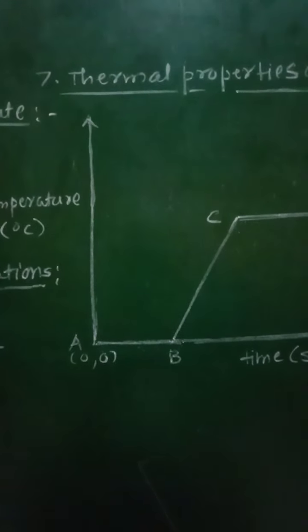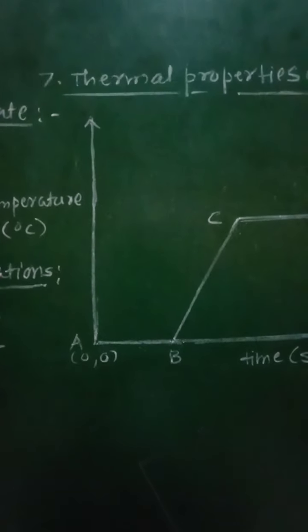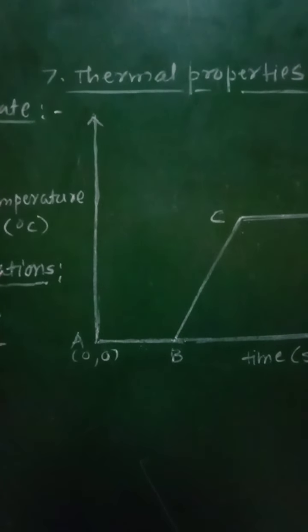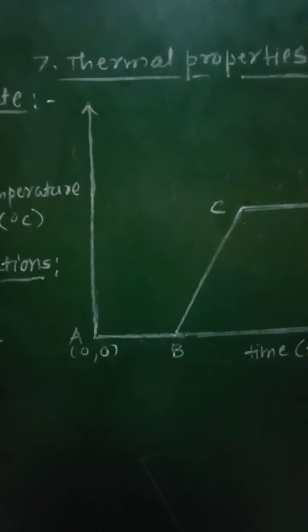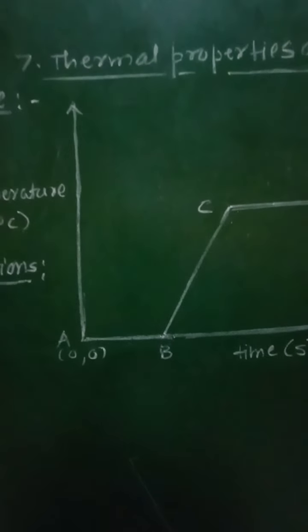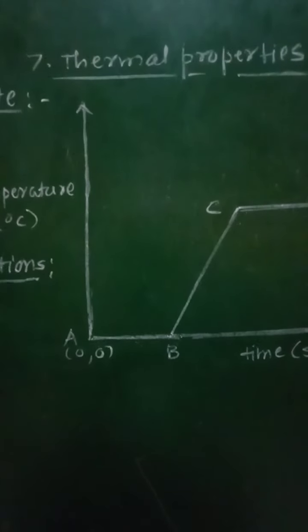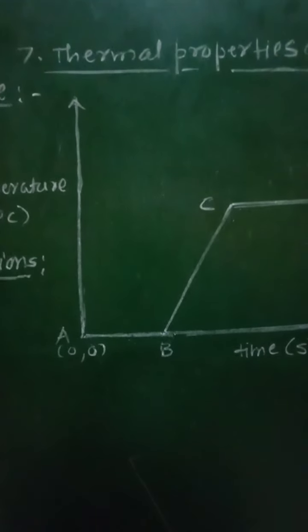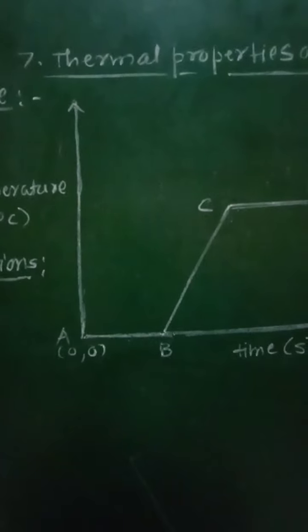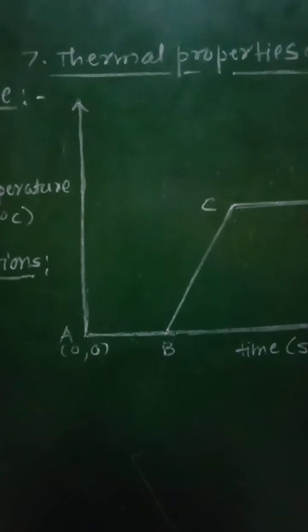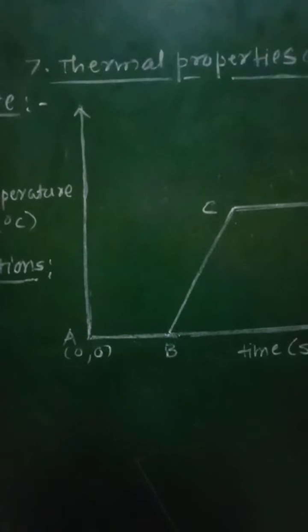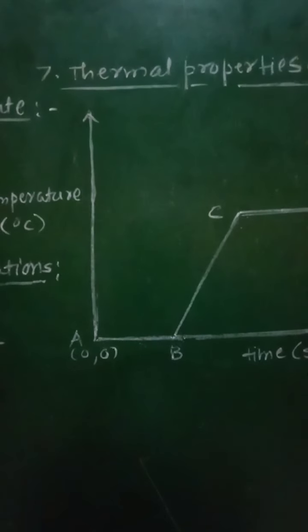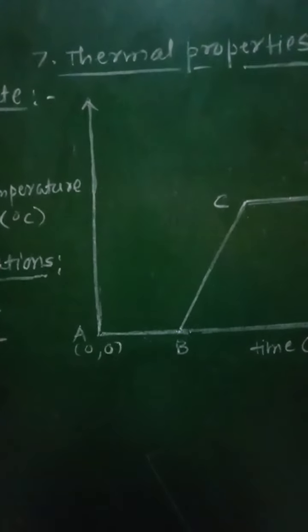Third point, the temperature at which the liquid and the vapor states of the substance coexist is called the boiling point of that liquid. That is, at the boiling point, the liquid state and vapor state of that substance will coexist.